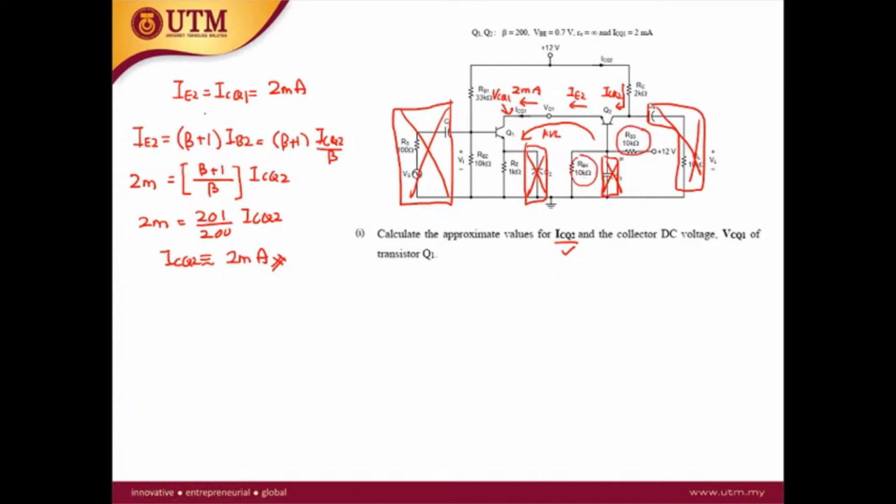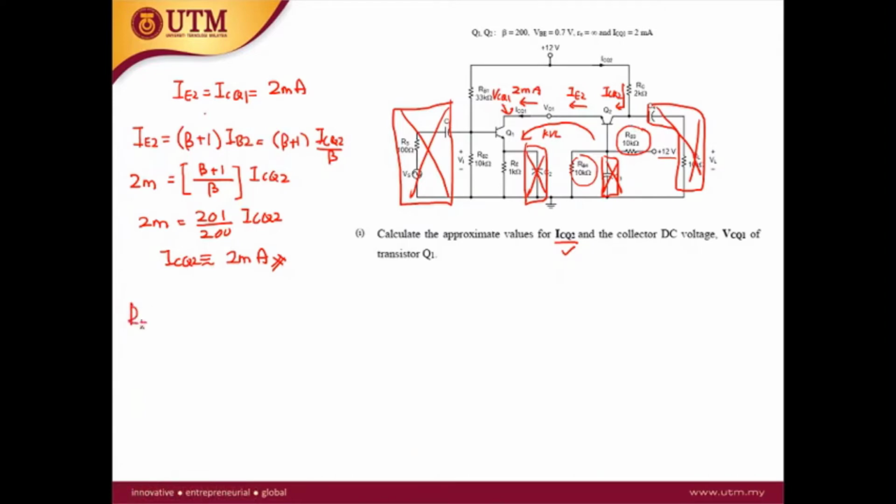RB4 and RB3 is actually a voltage divider, applying 12 volt voltage division between RB4 and RB3. So we need to do the Thevenin theorem.